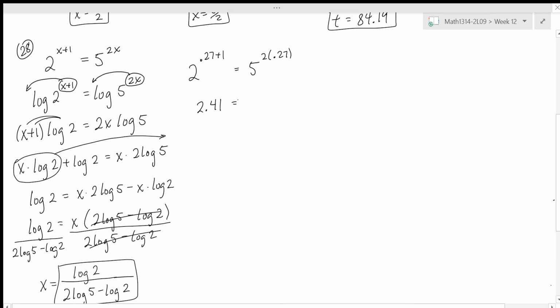Now, I want you to do 5 raised to the 2 times 0.27 power. 2.38. Anybody else agree with that? Do y'all see that those are not equal, but are they approximately the same? Close. Okay, close enough for government work.